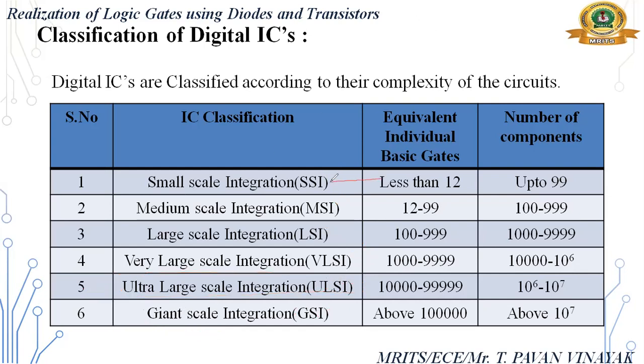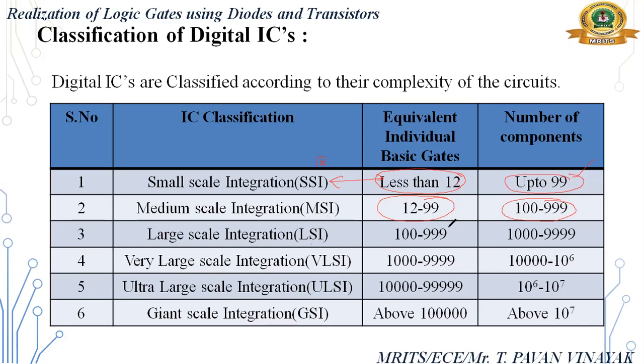So in small scale integration, a maximum of 12 gates are available. Maximum 12 gates means up to how many components? 99 components. In medium scale, 12 to 99 gates, and components are 100 to 999.